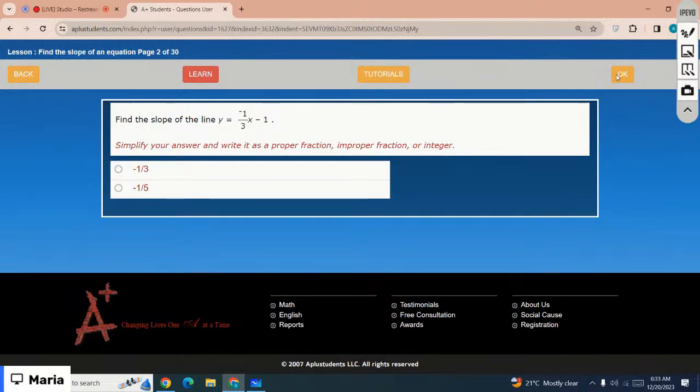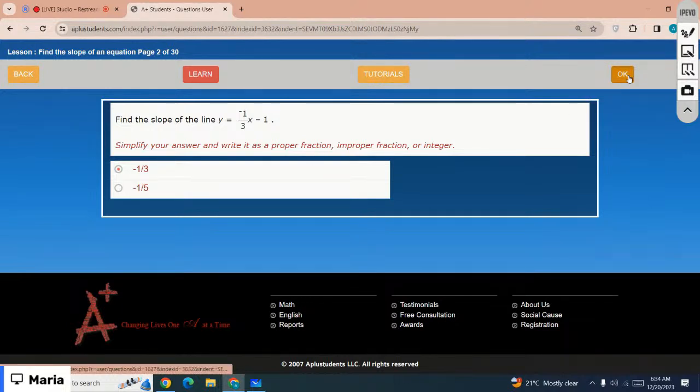So the slope is... Yes, the slope is negative 1 over 3.